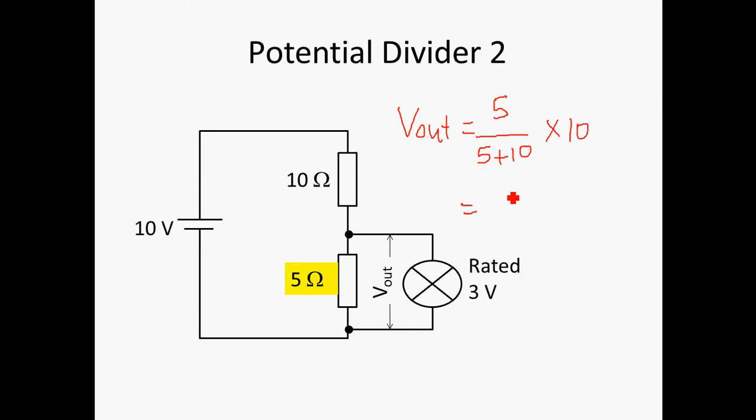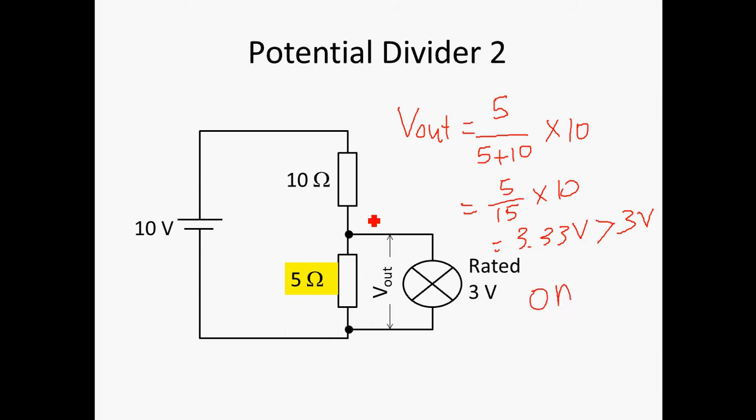If you work it out, you'll get 5 over 15 times 10, which is 3.33 volts, which is larger than 3 volts. And it is very close to the operating voltage, so the device will turn on.